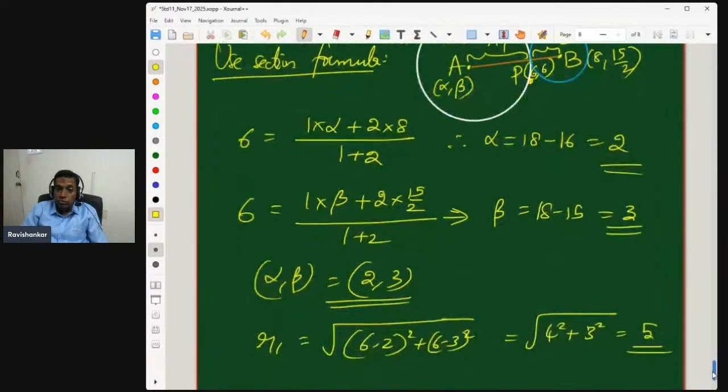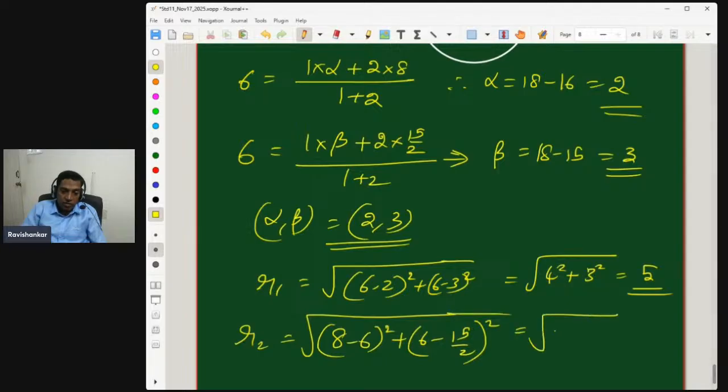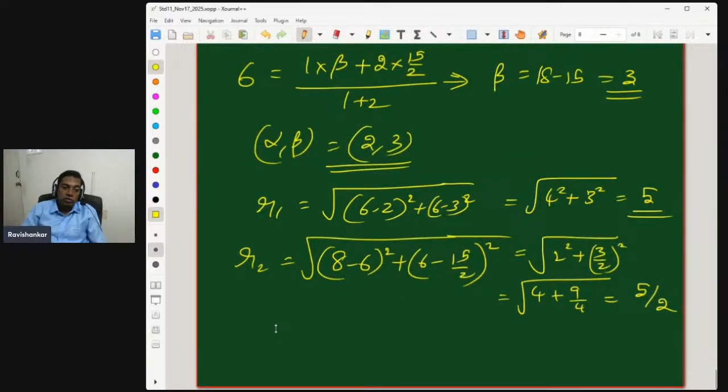R2 is root of (8 minus 6) whole squared plus (6 minus 15/2) whole squared, which is root of 2 squared plus (3/2) whole squared, which is root of 4 plus 9/4, which is 5/2. So we know alpha, we know beta, we know R1, we know R2.